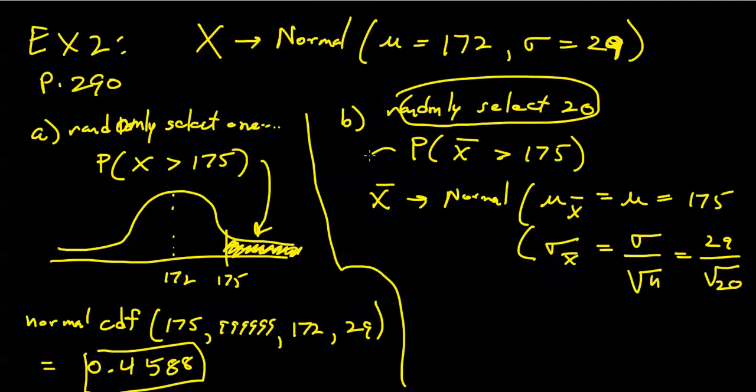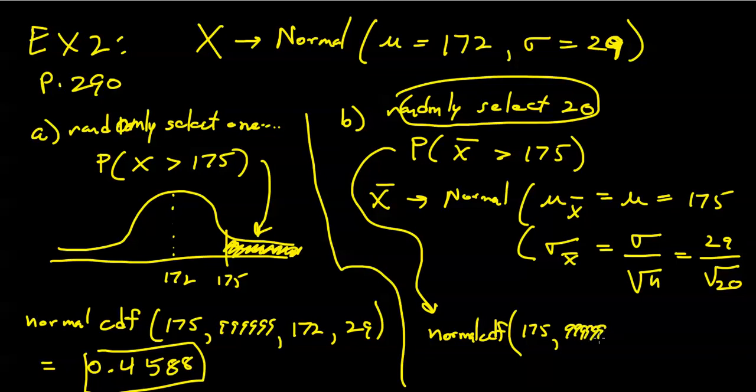Alright, so this probability can be computed with the normal CDF operator. The lower bound is going to be 175, same as in part A. The upper bound is going to be 9999999, same as in part A. The mean is going to be the same as in part A, 172.